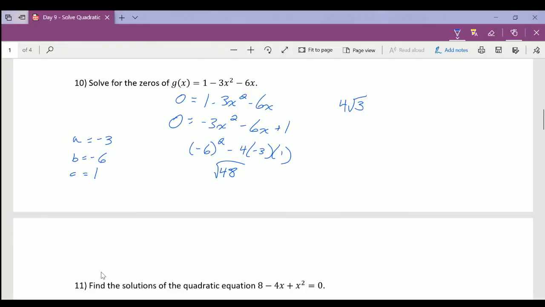Okay. And then we build the rest of the quadratic formula around it. So we've got plus minus the opposite of b over 2 times a.